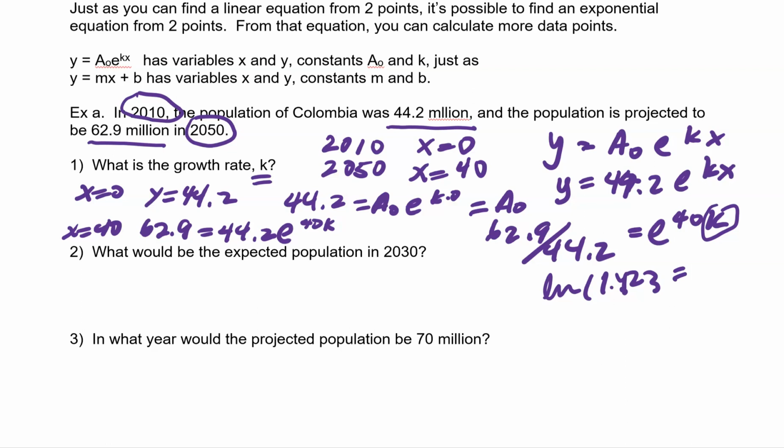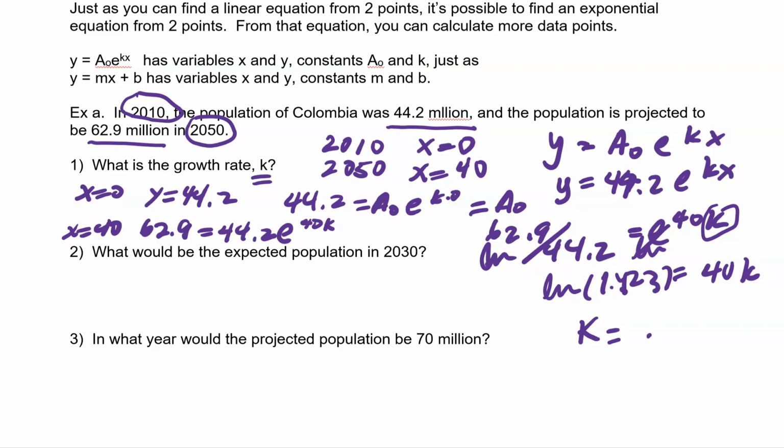Again, the e and the natural log will cancel out, so I end up with 40k.